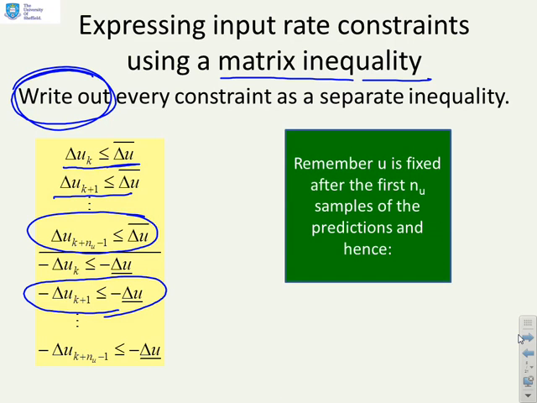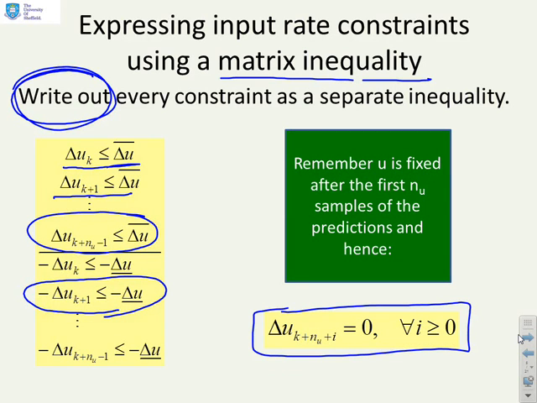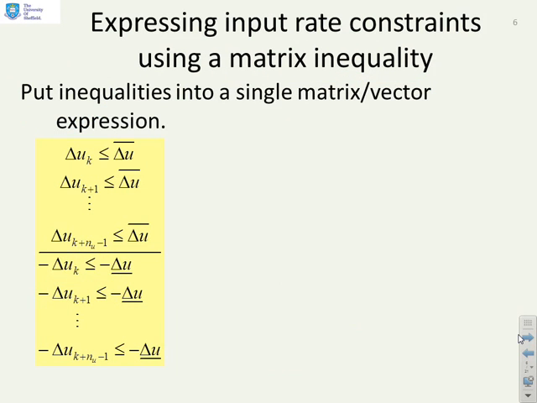We also need to remember that within GPC the input is fixed after the first NU samples, and therefore we also know this, that delta UK plus NU plus I becomes 0 for I greater than or equal to 0, which is why we only need to deal with these particular constraints here.